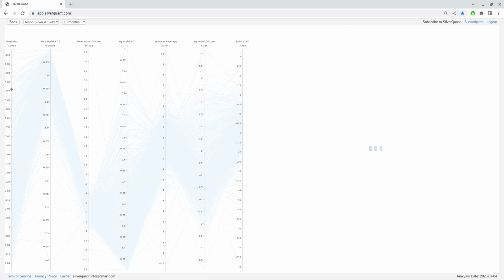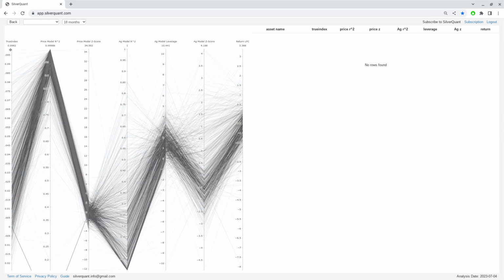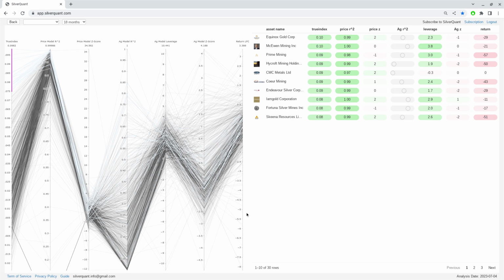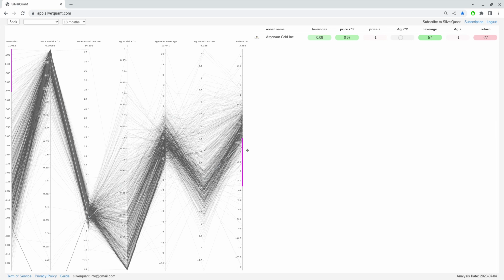Let's look at stocks that have a high true index coefficient, and also that have performed poorly over the last selected time range of 18 months. So we can select these two values, and here we've picked out Argonaut Gold, and it's had a return of negative 77%.